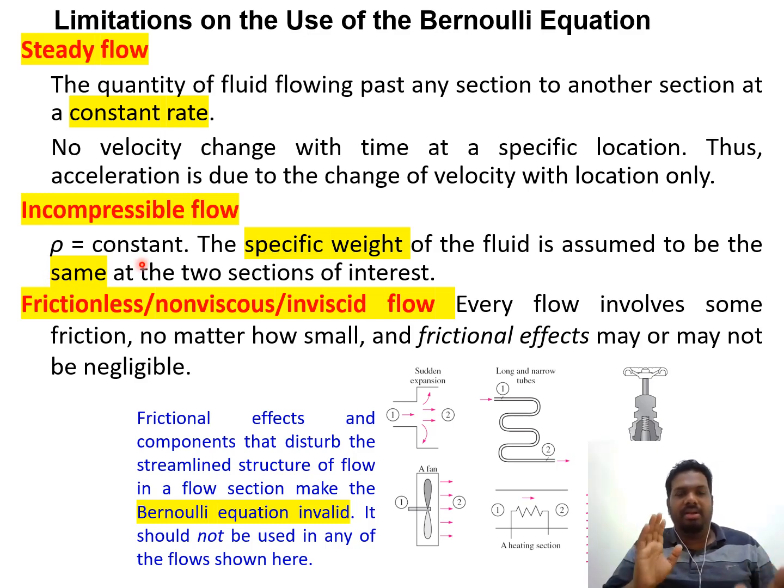If you are measuring between point 1 and point 2, you must have a constant density and it's not compressible, so the specific weight of the fluid is assumed to be the same in the two sections. And it must be frictionless, non-viscous, inviscid flow, a very relaxed flow with no additional forces acting on it.